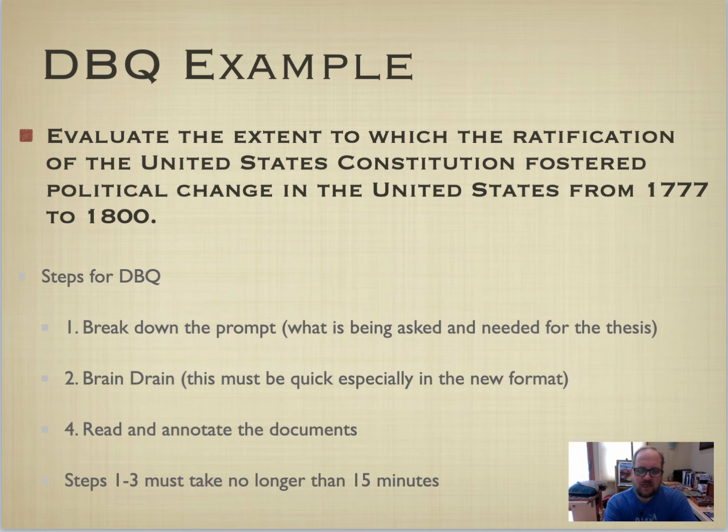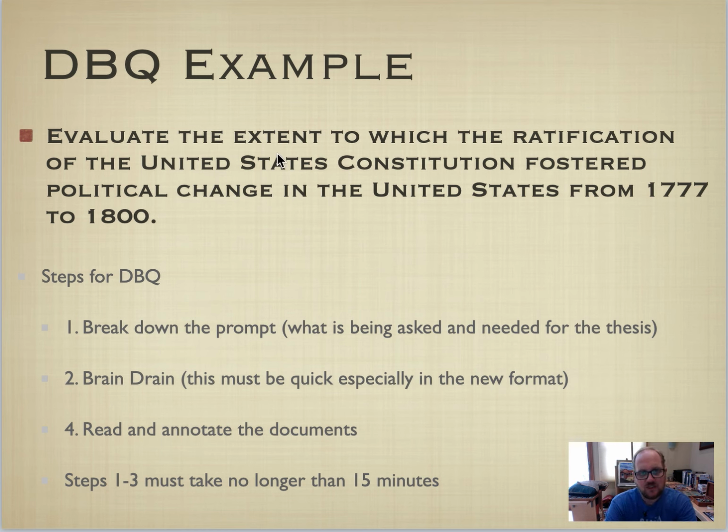Okay, a DBQ example for this time period, and here it is. Evaluate the extent to which the ratification of the United States Constitution fostered political change in the United States from 1777 to 1800. So again, the big thing is evaluate the extent.